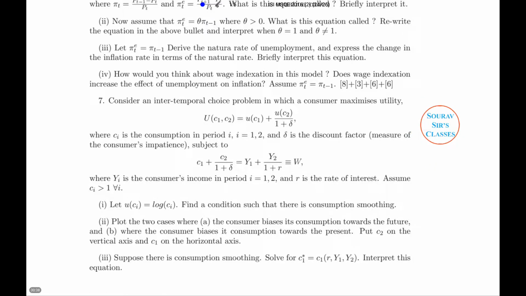So, in today's tutorial, we will solve question number 7 of the 2016 paper. The question says, consider an intertemporal choice problem in which a consumer maximizes utility, and this is the function, subject to this, where C1 and C2 are the consumption of period 1 and 2 and D is the discount factor.